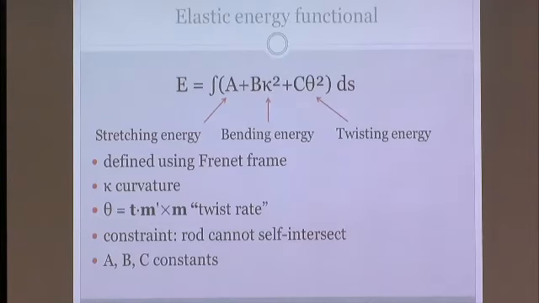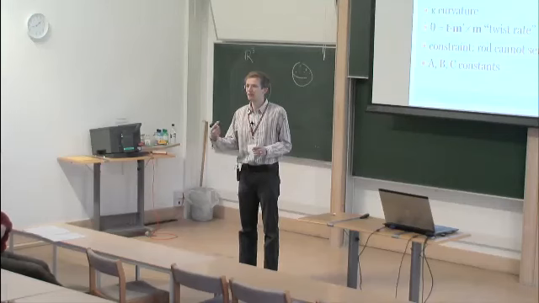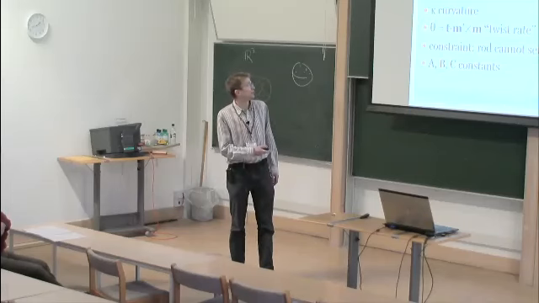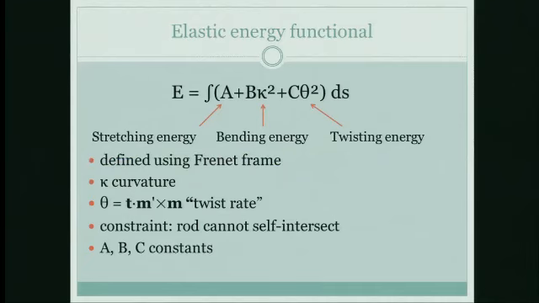We have a bending energy, which is related to the curvature of this rod. And finally, there's a twisting energy, which measures how the normal vector m twists as you move along the rod. So putting all these three terms together and giving them coefficients A, B, and C defines a simple elastic energy for rods.